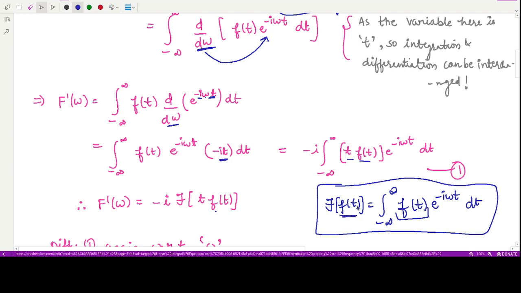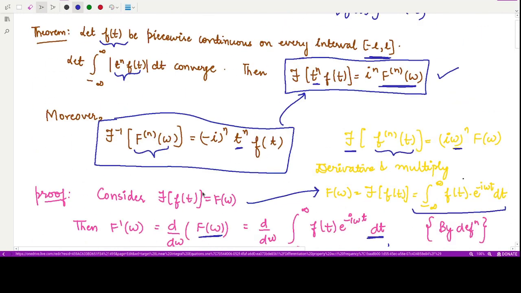In our case we have t f of t here, so you can write this as the Fourier transform of t into f of t. So we have F dash omega equal to minus iota times the Fourier transform of t into f of t.